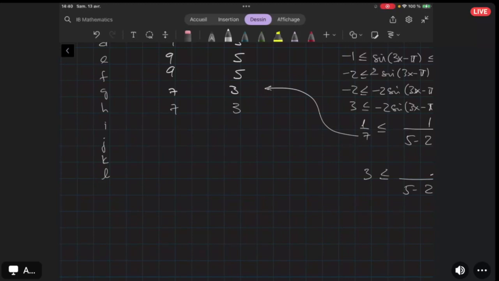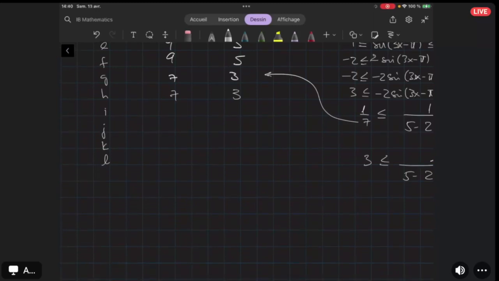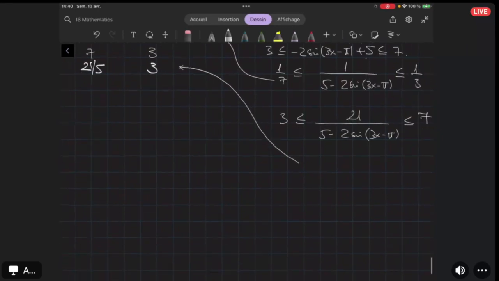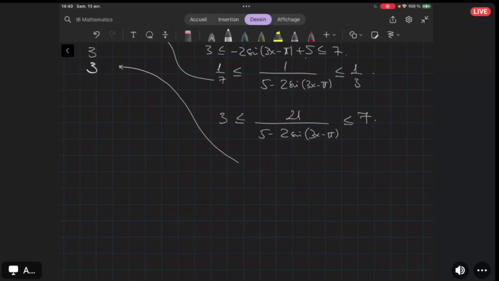Sure. It is 25. 1 over 5 and 3. Maybe I should expand this a bit more. Instead of 5 plus 2 sine of 2x minus pi, I have 2 sine squared of 3x minus pi. Starting with the same inequality. This method is kind of foolproof, by the way. You square it.